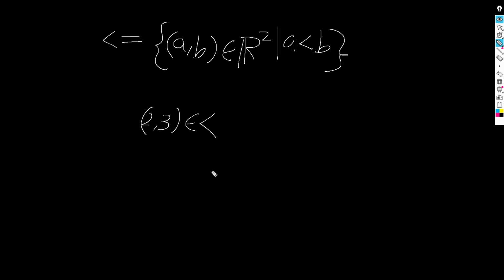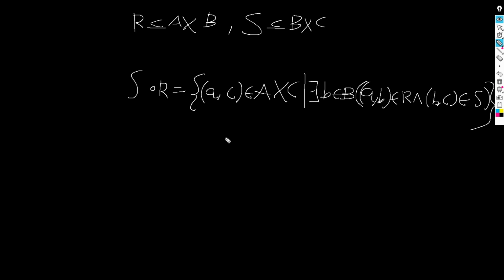So for example, if we define the less than relation as the set of all (a, b) in R² such that a is less than b, we'll notice that (2, 3) is in this relation, but another way of writing this would be 2 is less than 3.